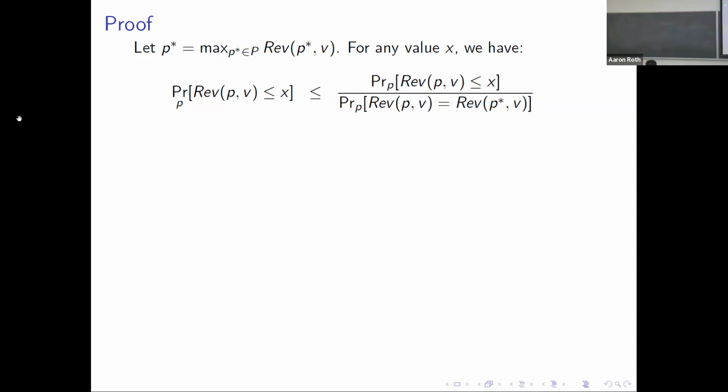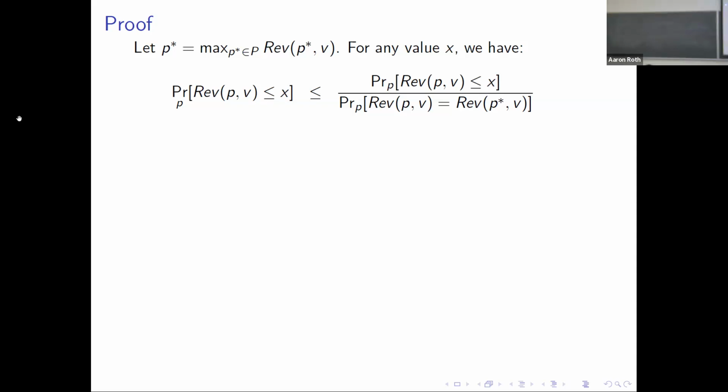So I'll start with a stupid maneuver. I'm interested in bounding the probability that the revenue for the price I choose is less than X. And I'll just say, well, probabilities are all less than 1. So if I divide this thing by another probability, I'll only get a bigger number. Okay, so I'll start off with a dumb move.